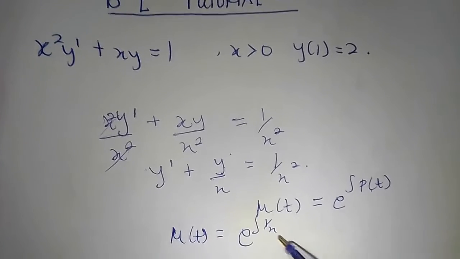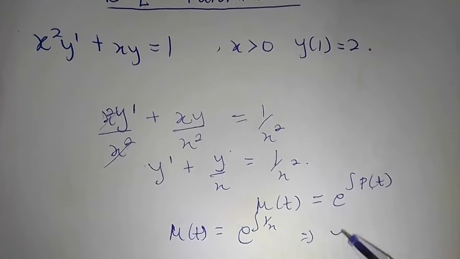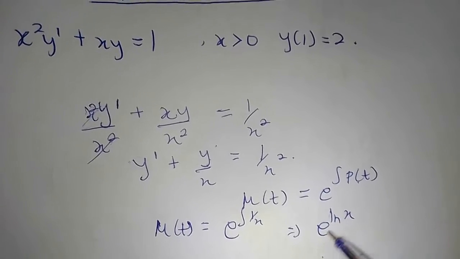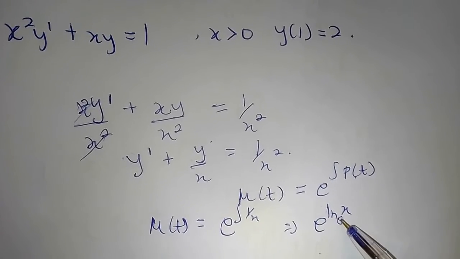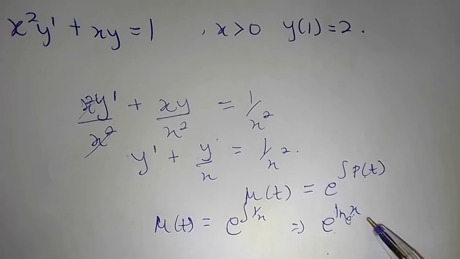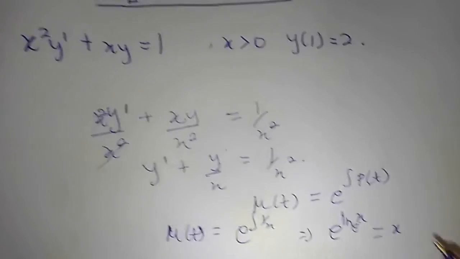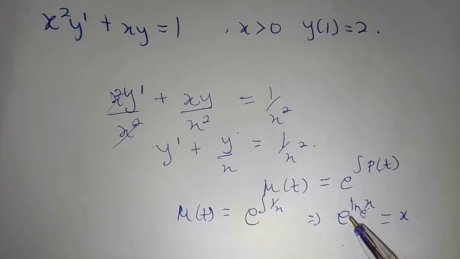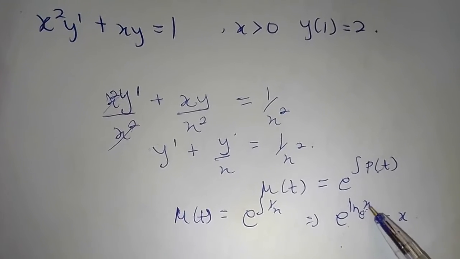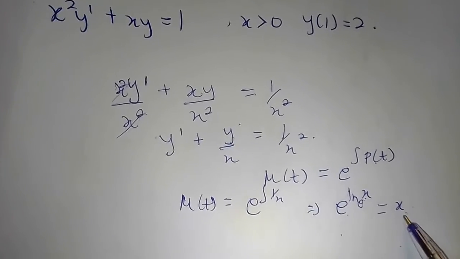You know that the integral of 1 over x is ln x, so this is e to the power ln x. Now, e to the power ln x, the ln is a log to the base e, so the answer becomes x. So this is our integrating factor, x.